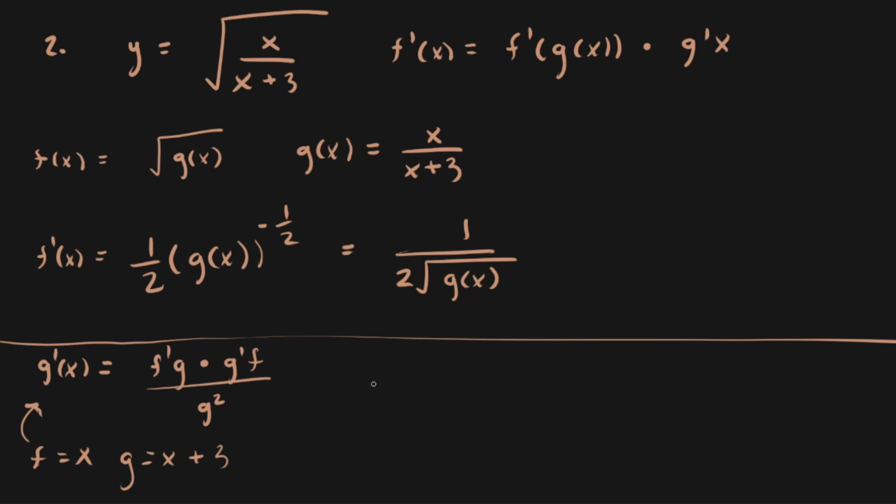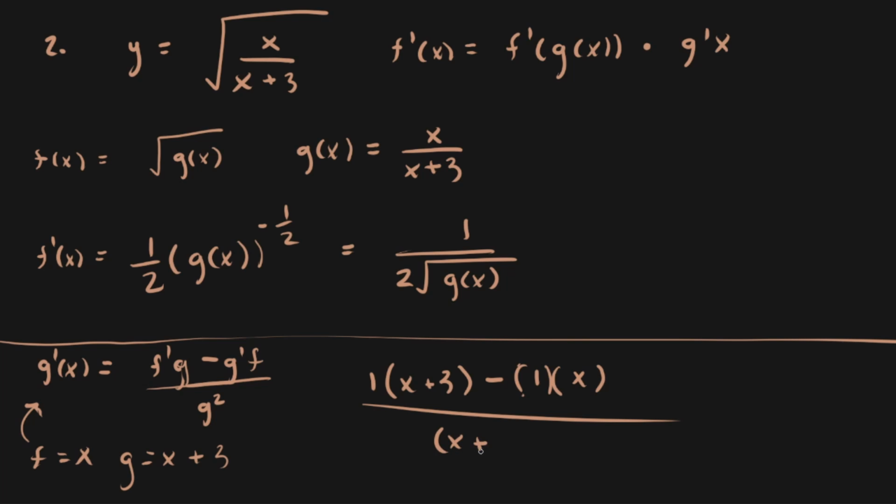The derivative of x is just 1, times g, which is x plus 3. This is multiplied by the derivative of g, which is just 1, times f, which is just x. Sorry, the quotient rule was actually minus. It's f prime g minus g prime f all over g squared. In the denominator we have g squared, so x plus 3 squared.